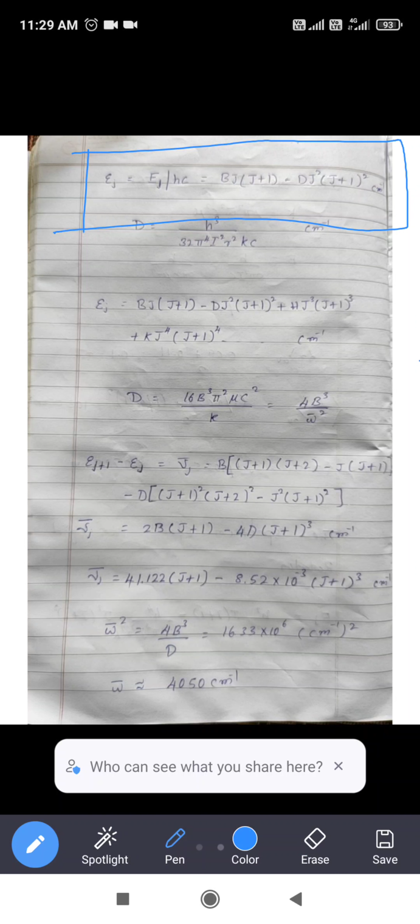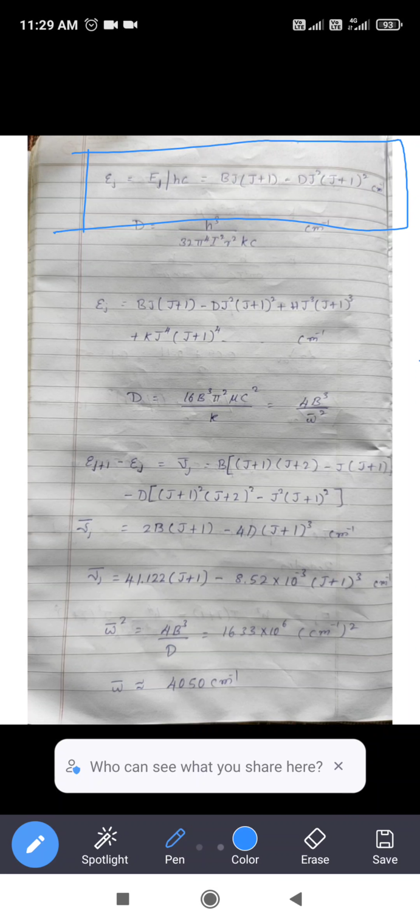What is B? B is the rotational constant and D is the centrifugal distortion constant. Keep it in your mind.